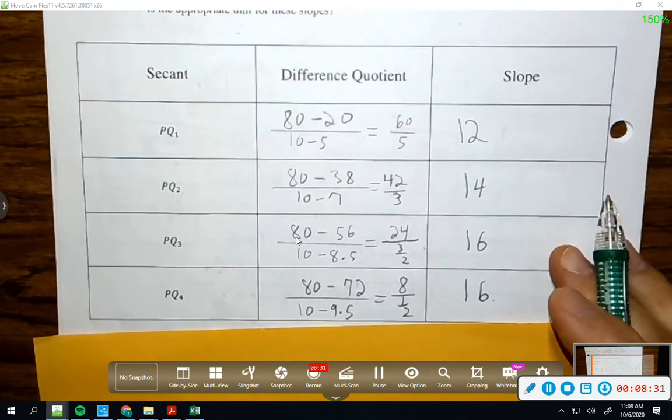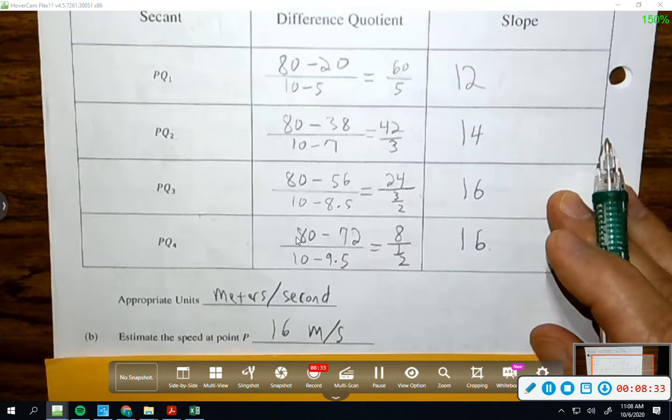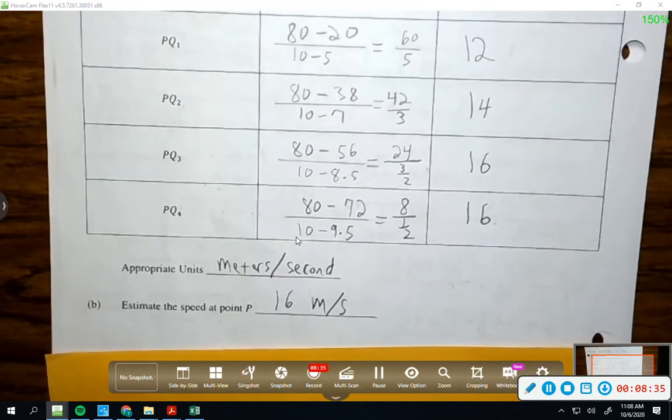So then it says, can you predict what the speed will be at point P? Well, it's going to be pretty close to 16 meters per second, because Q sub 4 is pretty close to P. Now, maybe you said 17 meters per second because you thought, well, it's probably getting a little bit more steep. That's okay. It's just an estimate.